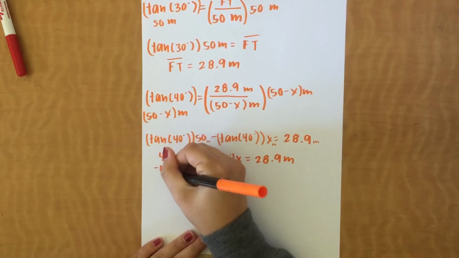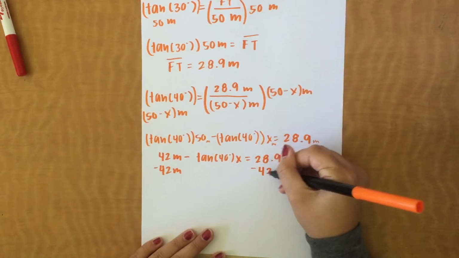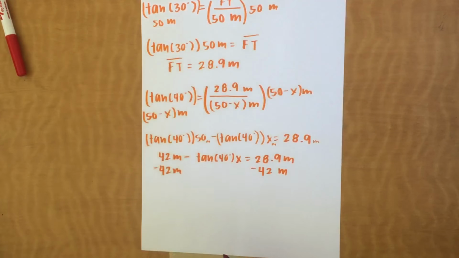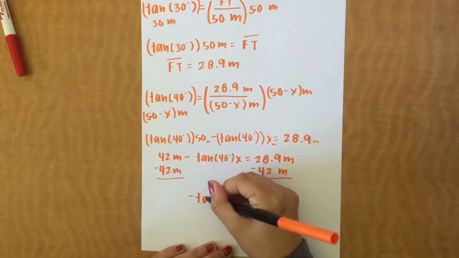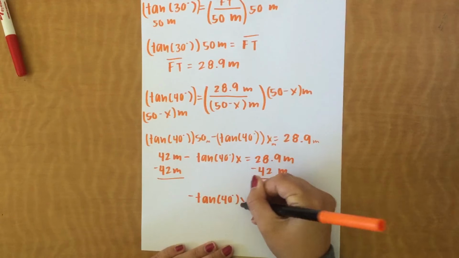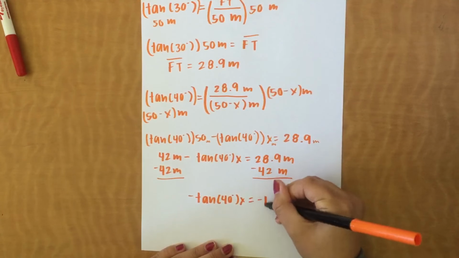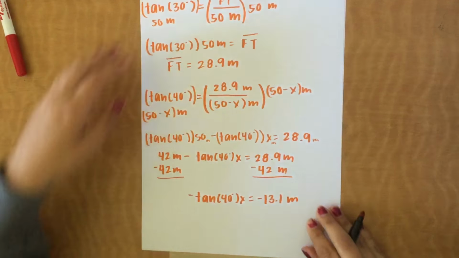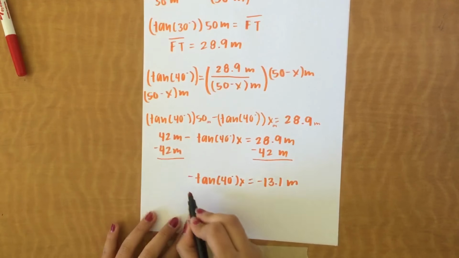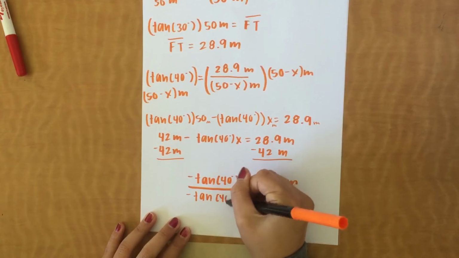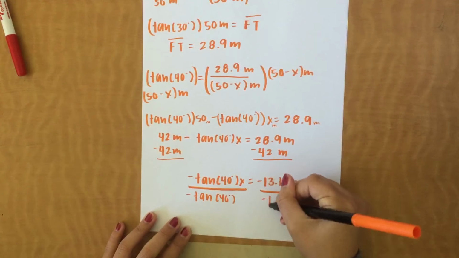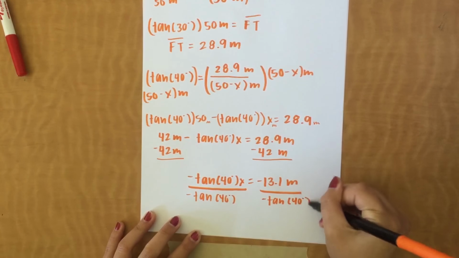Then we'll have to subtract 42 from both sides, and that is negative 13.1. So negative tangent of 40 degrees times X equals negative 13.1 meters. And then we divide by negative tangent of 40 degrees.